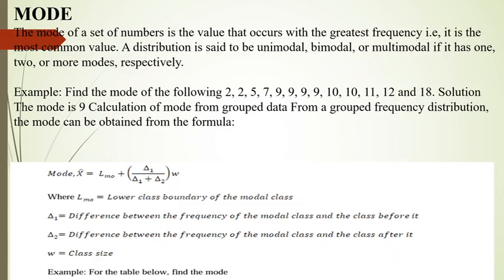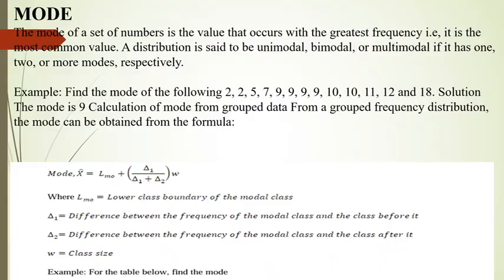The mode is 9, the number that exists most. 2 exists 2 times, 5 exists 1 time, 7 exists 1 time, then 4, 9, 1, 2, 3, 4. 9 exists 4 times. So 9 is the number that occurs most, the number with the greatest frequency. So 9 is the mode.